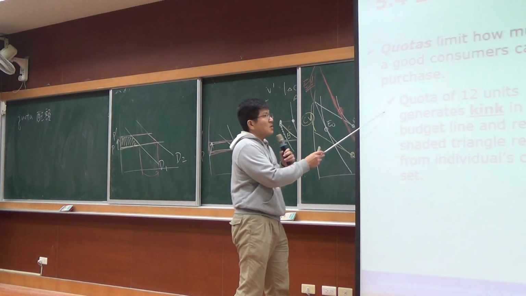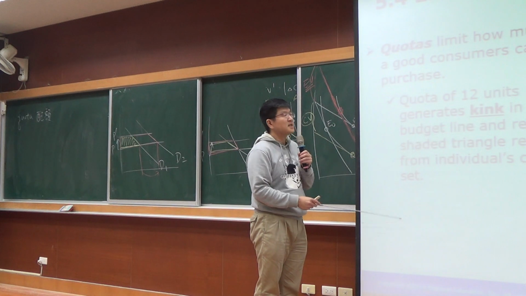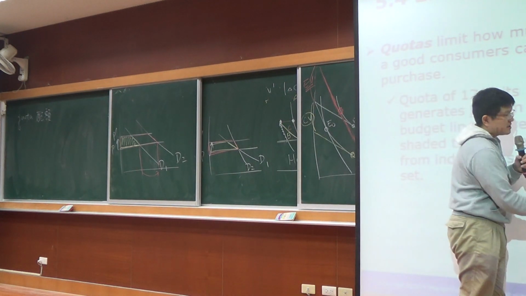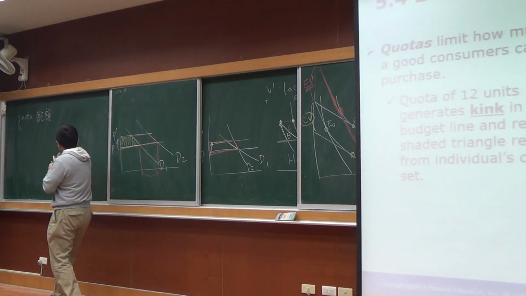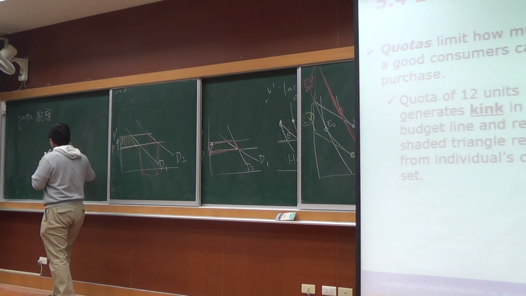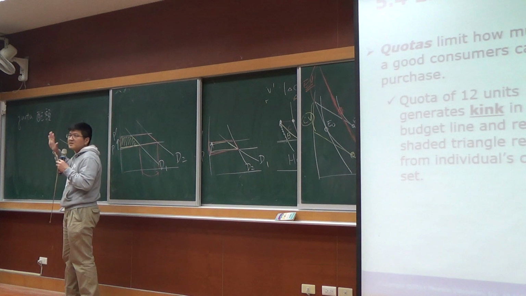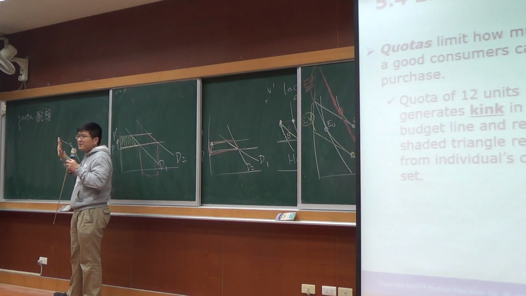So a quota of 12 units generates a kink. This is a kink. Kink is something not very smooth.